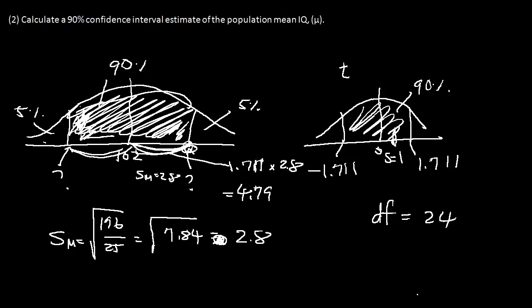So these two points are going to be 102 plus 4.79 and 102 minus 4.79. So the estimated population mean IQ is going to be 102 plus minus 4.79. That's the answer.